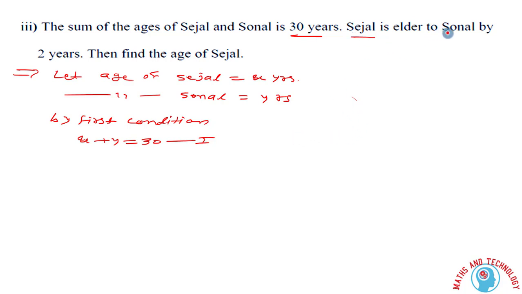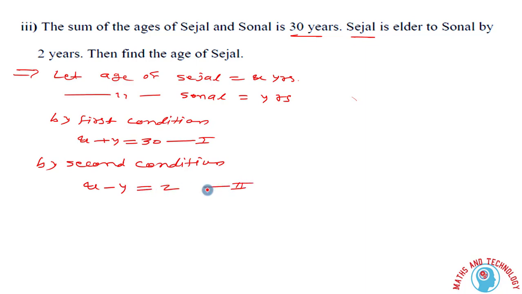Sejal is elder to Sonal by 2 years. That is, the difference between their ages is 2. By second condition, we can write x minus y equal to 2.